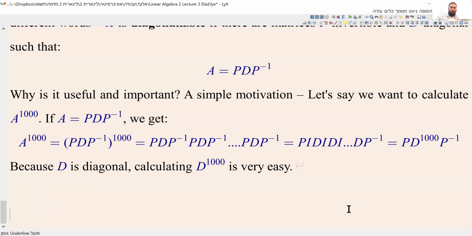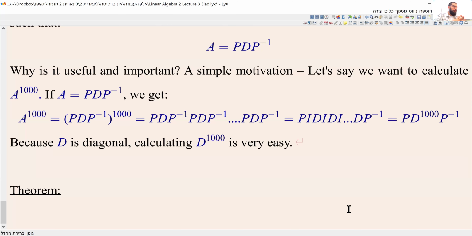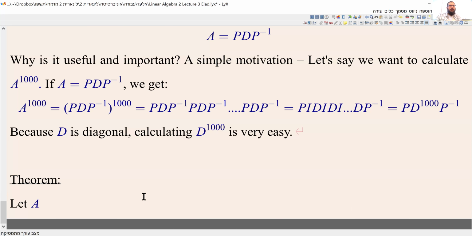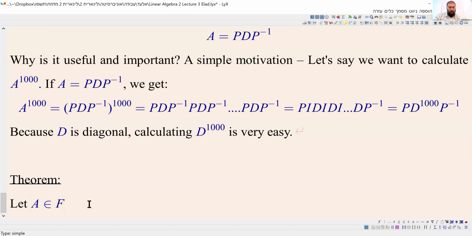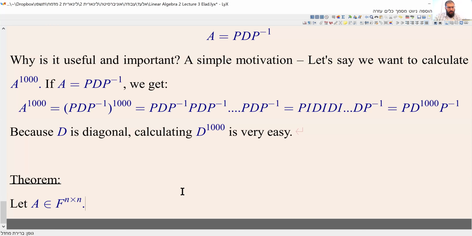It's a theorem. Don't think we're going to prove it, but we're going to write it down. Theorem: let A be a matrix of order n. If you're not on the diagonal, you get 0, triangular both ways, upper and lower.